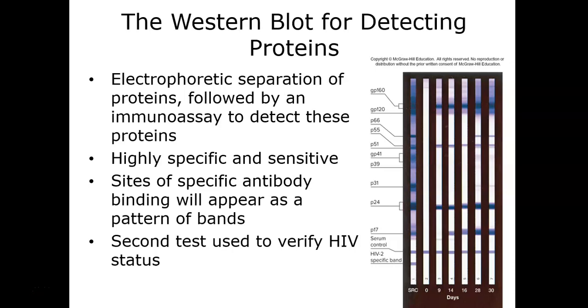So we are able to conduct tests that involve monoclonal antibodies, and that improves the specificity of these immunoelectrophoresis tests. The sites of the specific antibody binding will appear as these band patterns in the gel. So this is the confirmatory test to diagnose HIV.